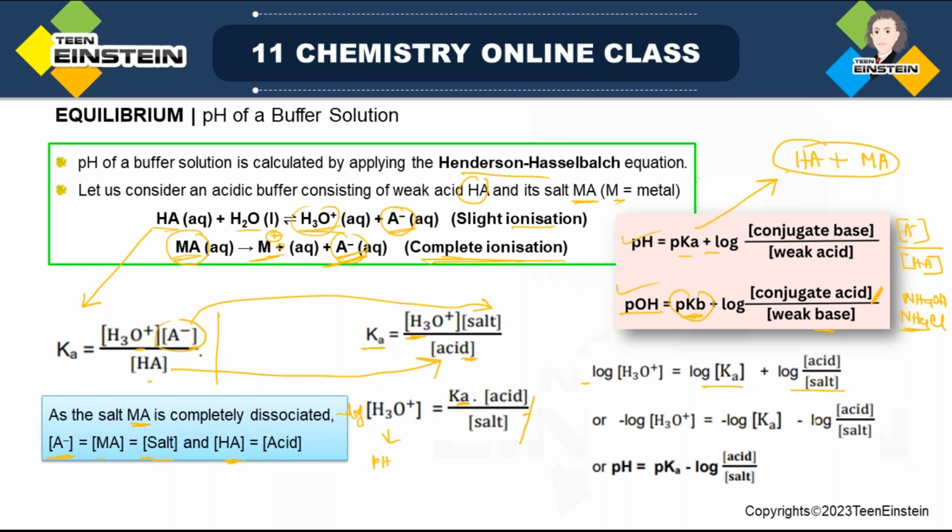Then when you put the negative sign, it will be pKa and this will be pH, and because the negative sign is there, it is acid by salt. But if you make it positive, it will be salt by acid, which is here. See, here the positive sign is present, so it is conjugate base by acid or salt by acid. So this is the final formula we are getting.